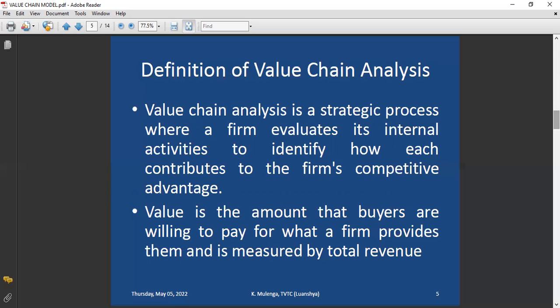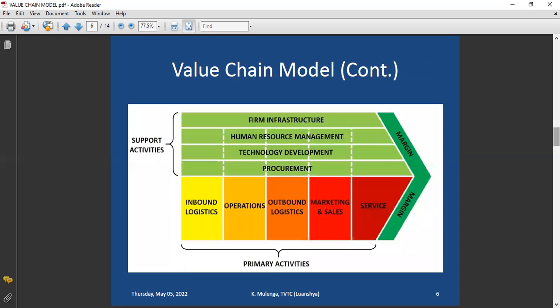Value is the amount that buyers are willing to pay for what the firm provides them and is measured by total revenue. So customers give us money in exchange for value that we provide. As TVTC students, you are paying TVTC in exchange for value that TVTC provides.